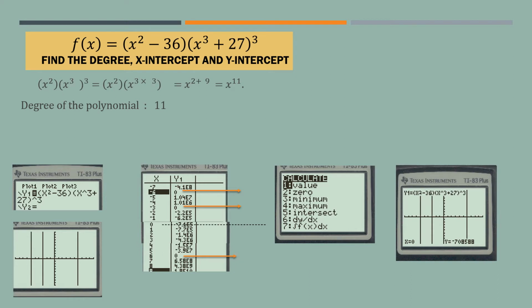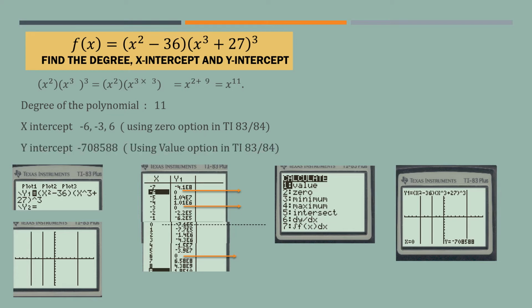We can also find the x-intercept as well as the y-intercept using the value option and the zero option of the graphing calculator. If we take the zero of this function, then again we can find x as negative 6, x as negative 3, and x equal to 6, and those 3 become the x-intercepts of this function.